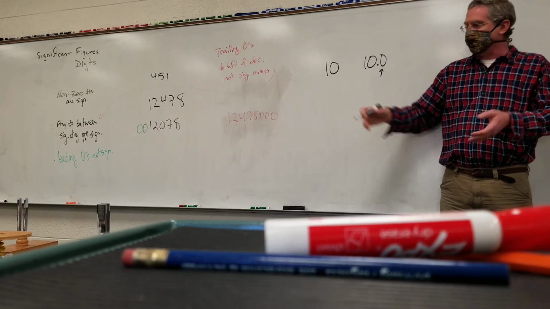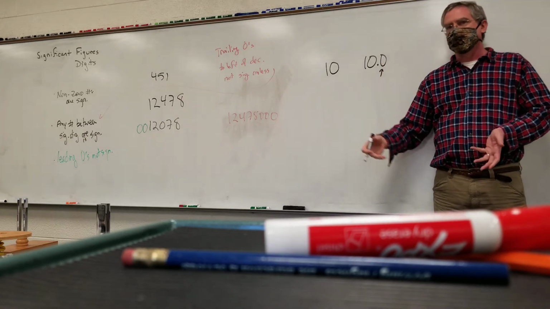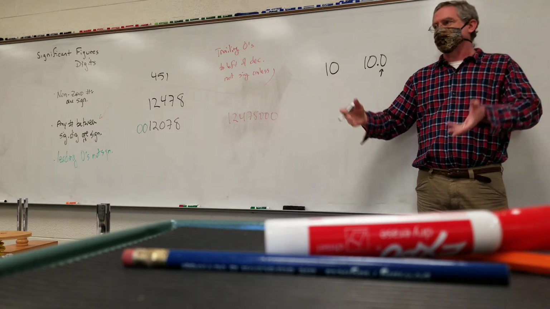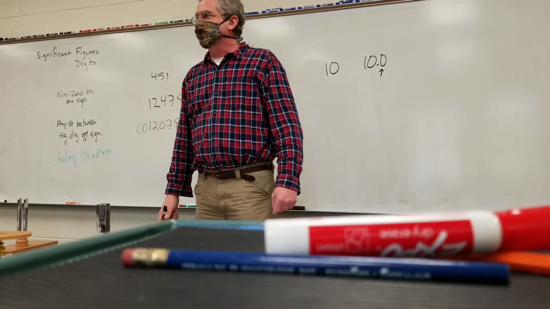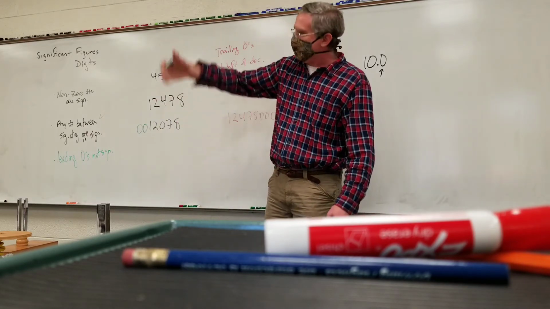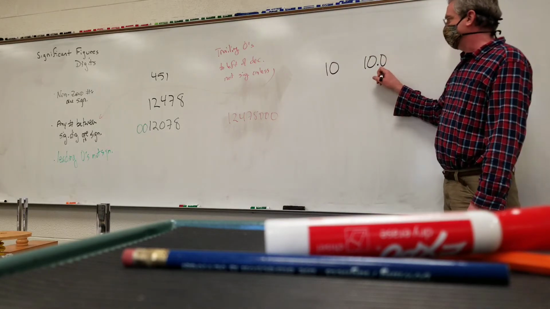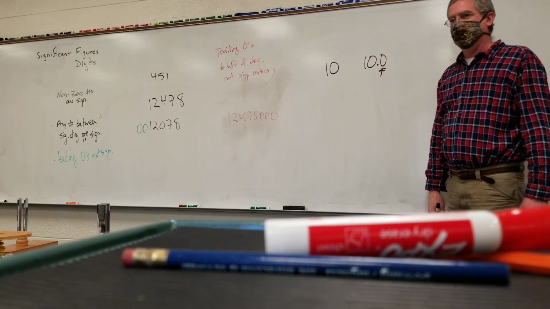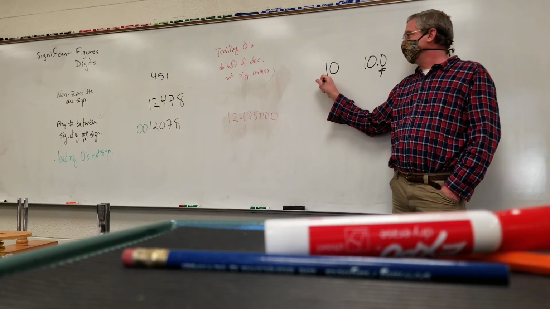If I measured the length of this table and I said the length of the table was 10.0 meters, well, one, that'd be a bad measurement, but let's just pretend it's right. 10.0 meters, I'm not claiming that it is exactly 10.0 meters. All I'm saying is that I rounded off to the 10th place. Whereas this one, I rounded off to the 10th place.